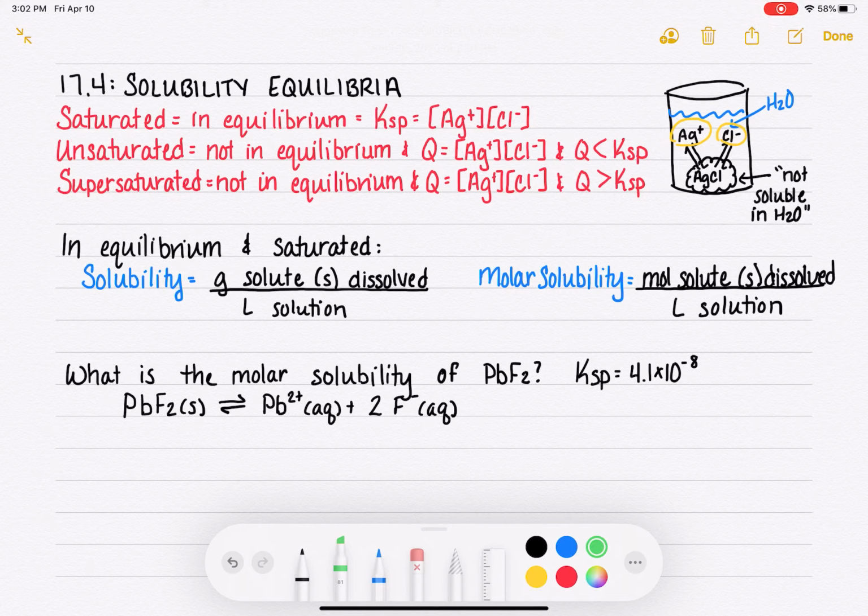Pay attention to your stoichiometry. The formula for PbF2 has got that 2 in it, which means that we need to have 2 fluoride ions in the product.